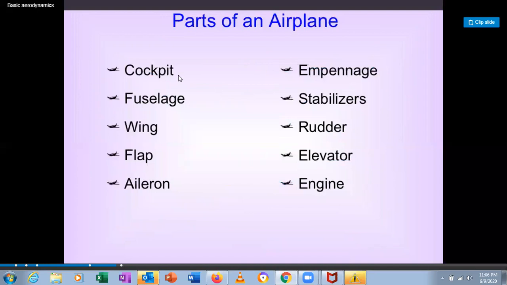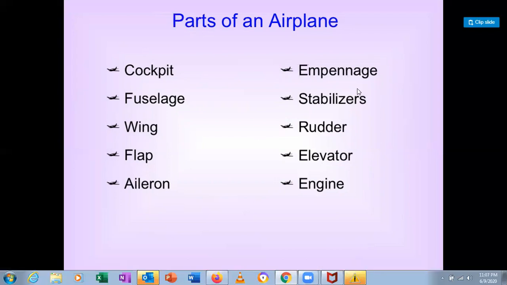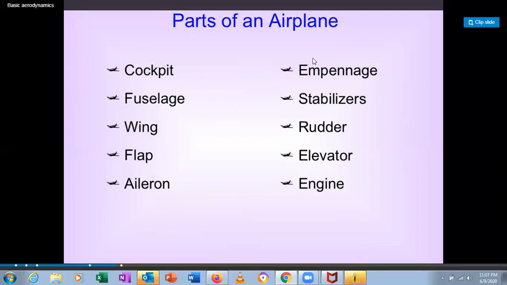So yesterday we were discussing, we already know the parts of the airplane. First is the cockpit, next is the fuselage, next we have the wings, and we have the flaps. The flaps are called high lifting devices, and we have ailerons. These are control surfaces which help in rolling the aircraft, banking the aircraft. And empennage, what is the empennage? Both vertical and horizontal stabilizers together are called the empennage.